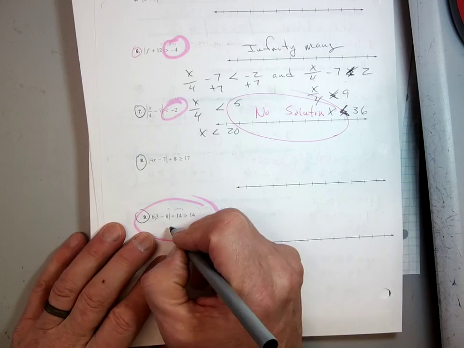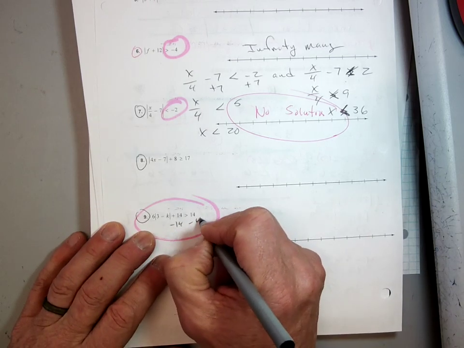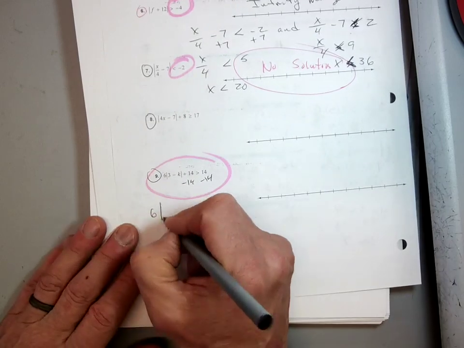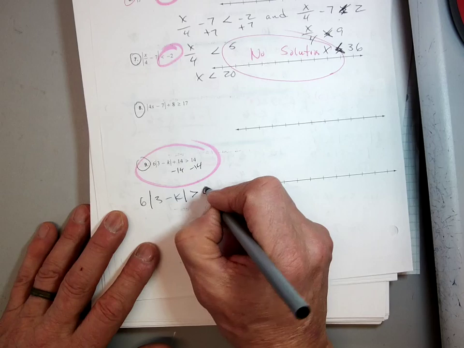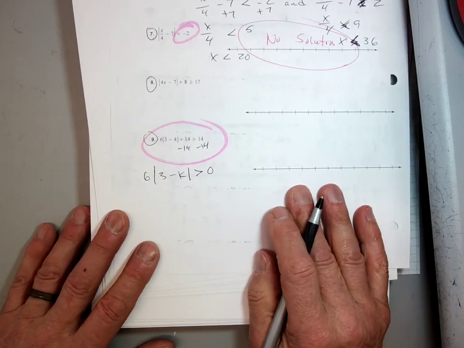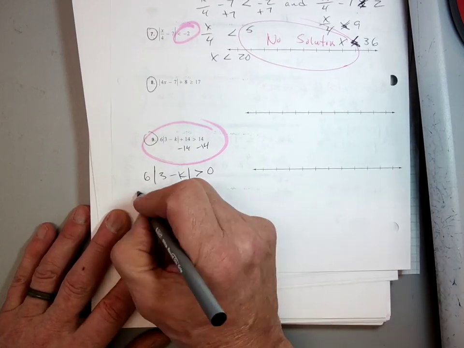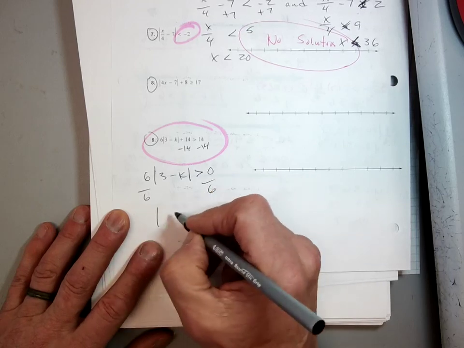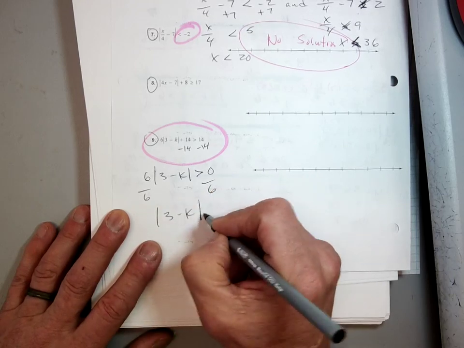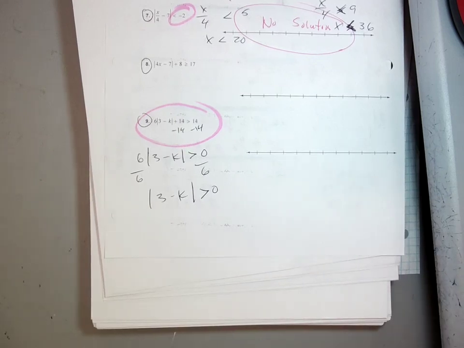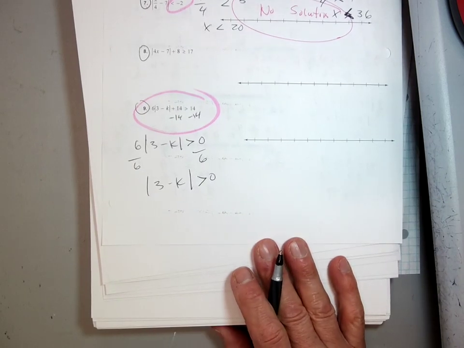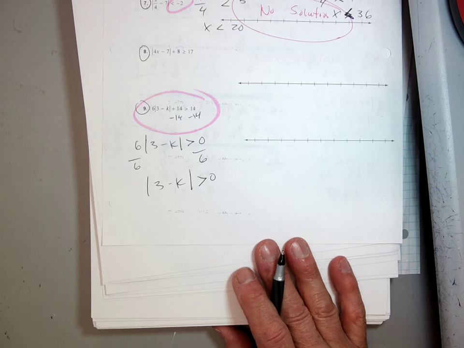So if I go minus 14, 6, 3k is greater than 0. You guys agree with 0? Yes, that makes sense. Divide by 6, divide by 6. I might have a problem here because of 0, but let's try it.